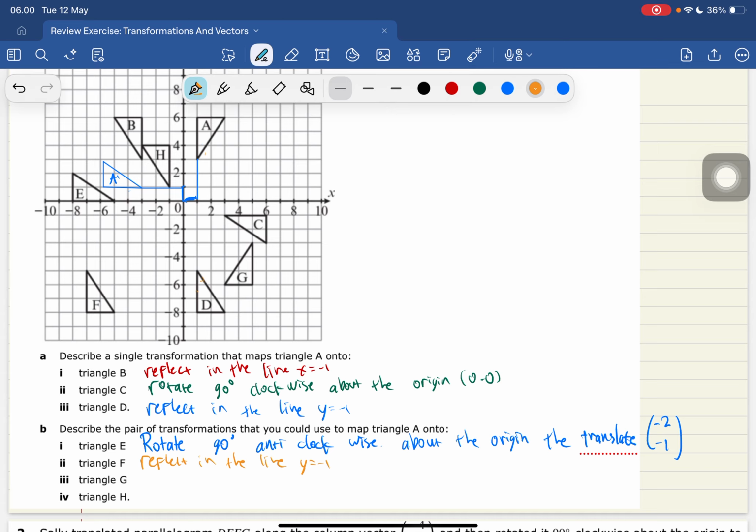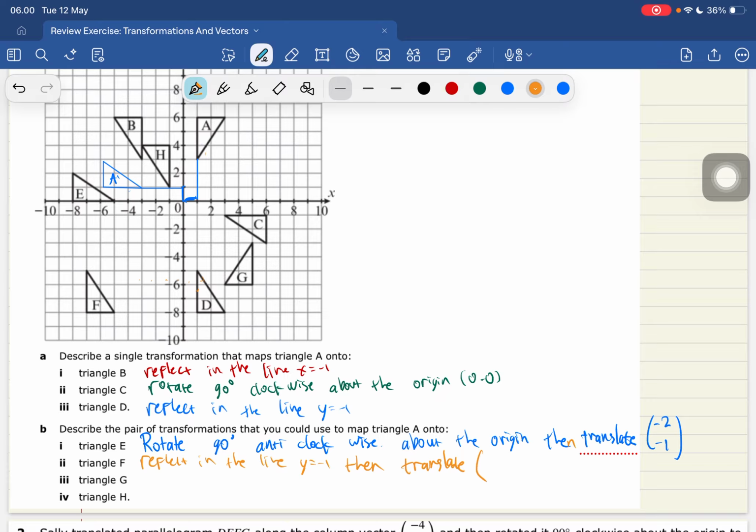So the position is here. This is not going up or down, only moving left. So we can just write translate. How many to the left side? 1, 2, 3, 4, 5.